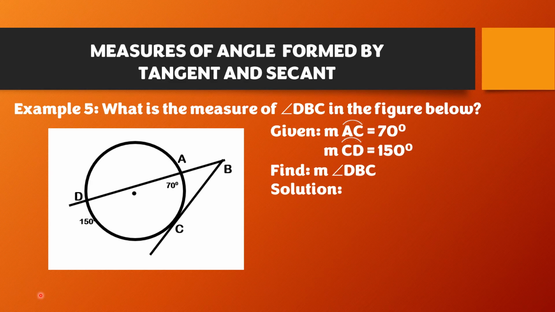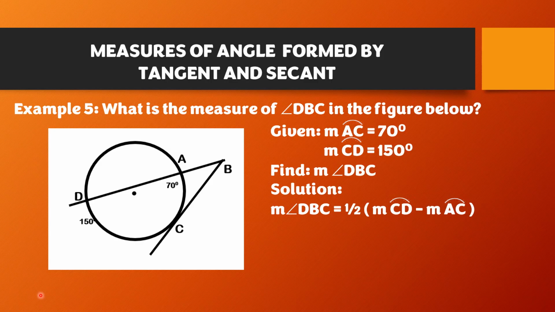For the solution, we're going to apply again the external angle theorem. So we have angle DBC is equal to 1/2 times the measure of arc CD minus the measure of arc AC. So we're going to substitute: 1/2 times 150 degrees, the measure of arc CD, minus 70 degrees, the measure of arc AC.